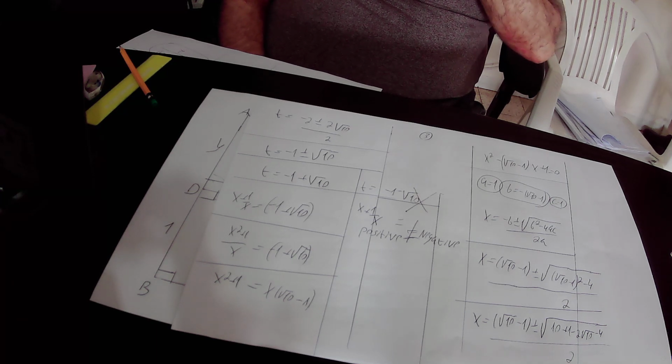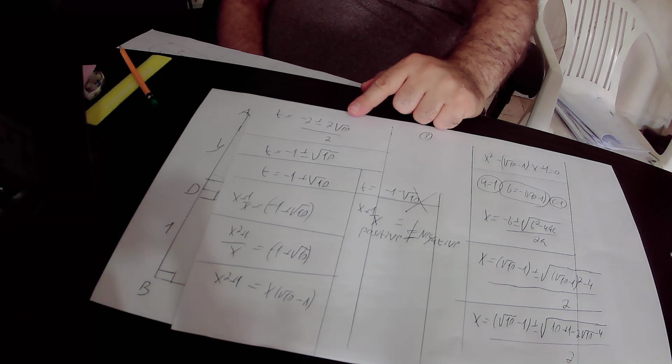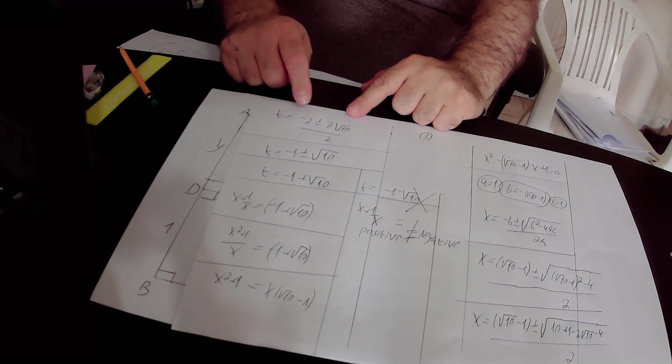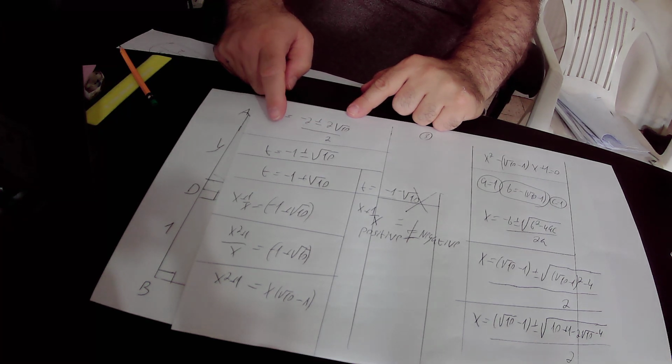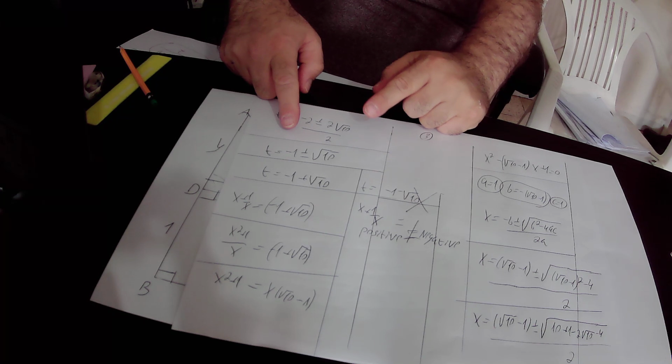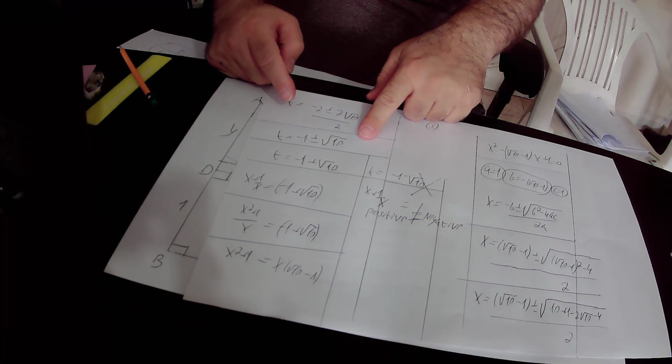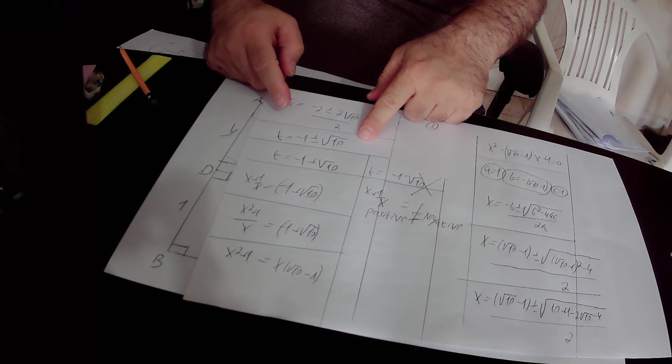Here we divided by 2. Minus 2 over 2 is minus 1. Plus or minus 2 over 2 is 1. So in conclusion, we got that t equals minus 1 plus or minus square root of 10.